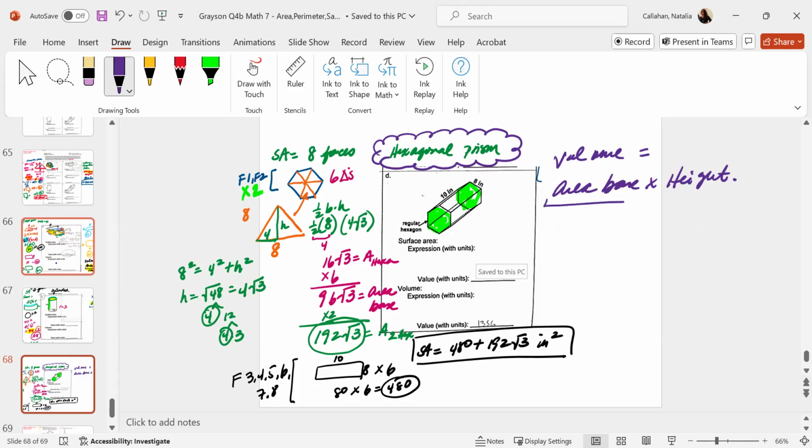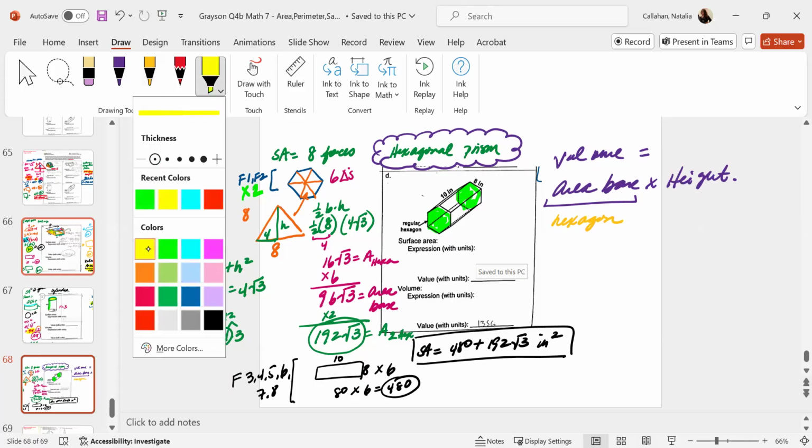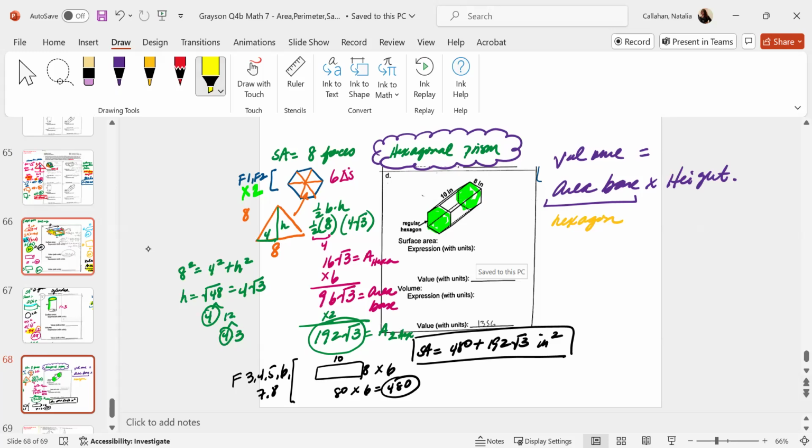Good. What shape is the area of the base here? What shape is the green part? It's a hexagon. And what was the area of the hexagon again for one hexagon, not two? It was 96 square root 3.